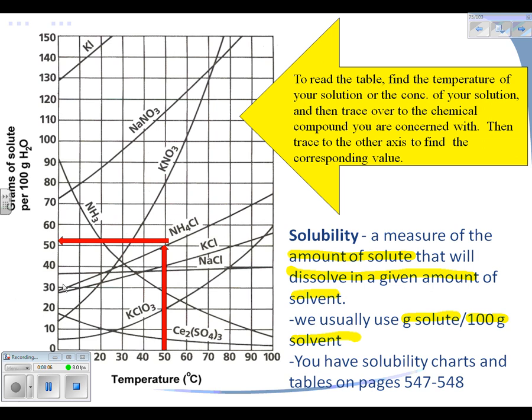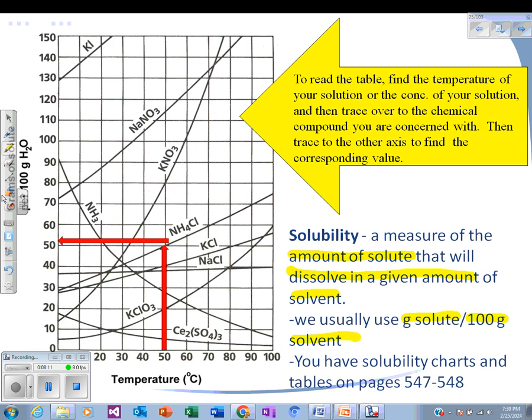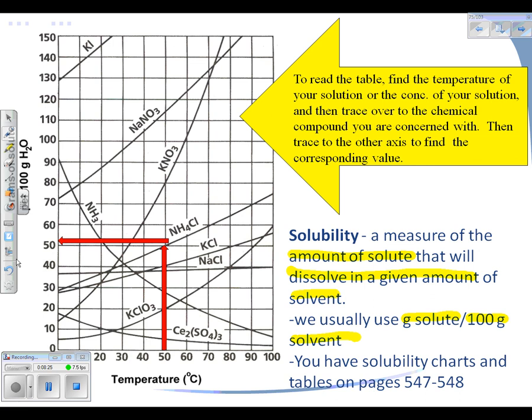So if I wanted to say, okay, instead, let me change what I have. Let me do red. Let's say I wanted to look at sodium nitrate, which is this one right here, and I wanted to know what temperature 140 would dissolve at.